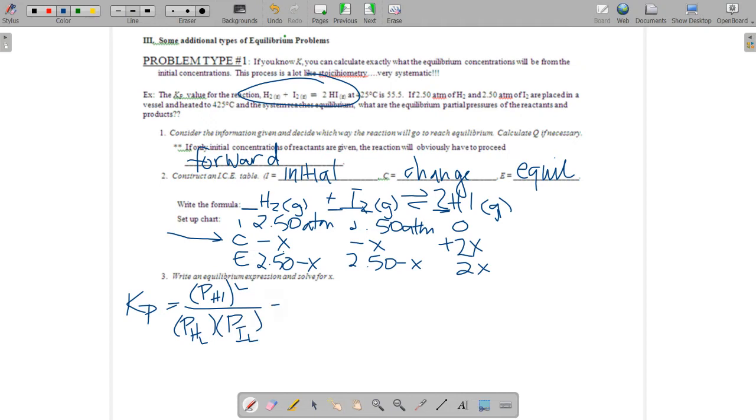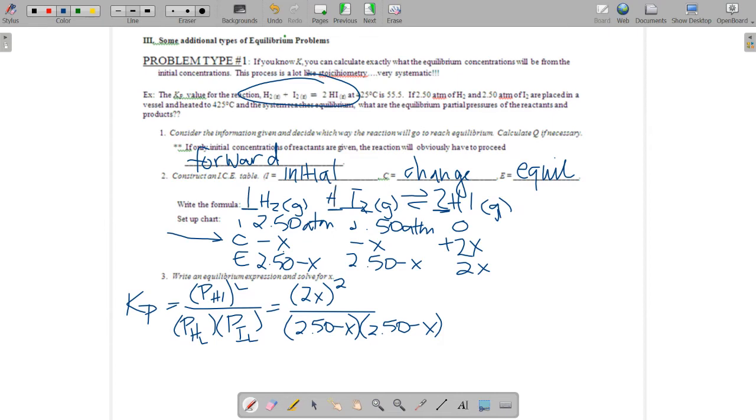So we plug in: the pressure of HI at equilibrium is 2X, so 2X squared over 2.50 minus X times 2.50 minus X. Both of these are raised to the first power because there's only one of them in the equation.